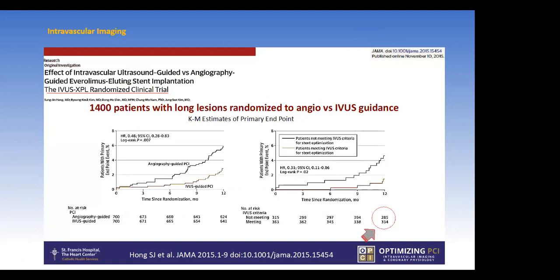Does it make any difference in the daily practice? Based on the IVUS XPL trial, a patient that had angiographic guided PCI had mortality of about 6%. If the IVUS was used for the guidance of the PCI, mortality went down to close to 3%. And furthermore, if you look at a patient that had used the IVUS and met the criteria of successful PCI, which we just discussed, then had again a significantly reduced primary endpoint.